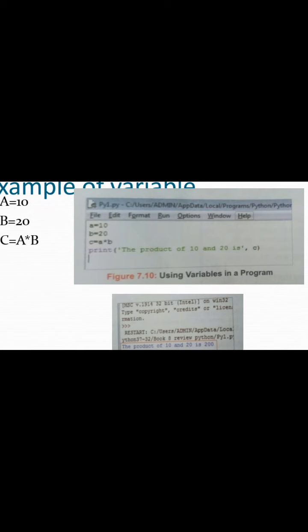Now, C is the variable which stores the value of the product of A into B. When you run it, you will get the output like this.